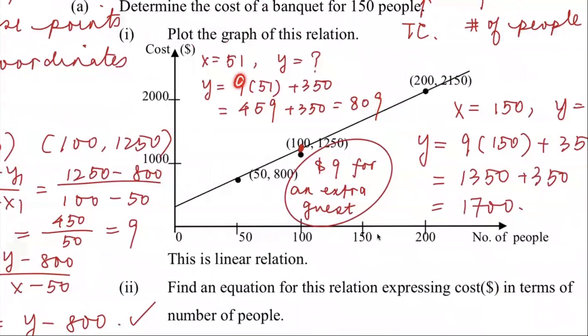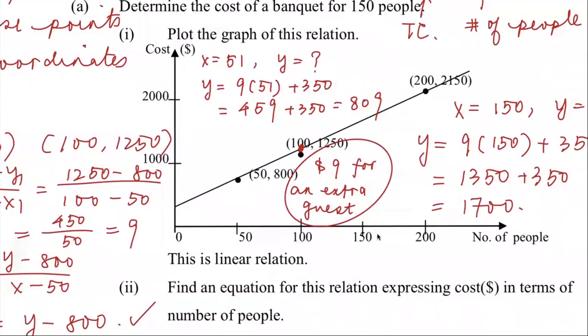And we see the slope here is 9. So we can draw the conclusion that the extra $9, which is equal to the slope, represents the extra cost for one meal.